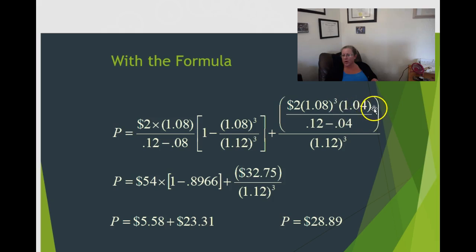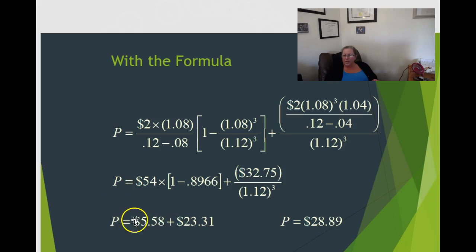This is where it's becoming a perpetuity, where it's growing forever at 4%. And then we divide that by the market rate minus the growth rate, and then divide it by the market rate to the third power. So if we just work that on out, you'll see that it equals 28.89.